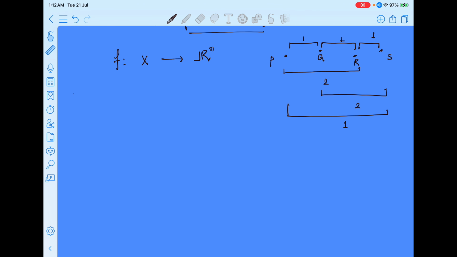Okay, so let us define a 4-point space A, B, C, D. So let us define the metric first. d(A,B) equals d(B,C) equals d(C,D), these are all 1.